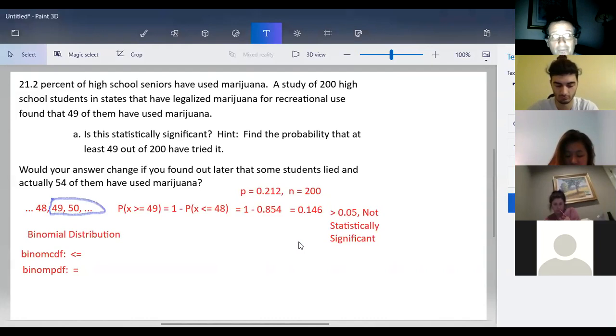So you say, well, maybe marijuana, if it was statistically significant, you would say, well, maybe marijuana states have a higher proportion of high school seniors smoking. If you have a number like 0.146, you say that's not small enough, we don't raise a red flag, and we have no idea. The fact that it was a little more than 21.2% could have just been randomness. And you can't say that marijuana states have a higher proportion of high school seniors smoking marijuana. Does that make sense?